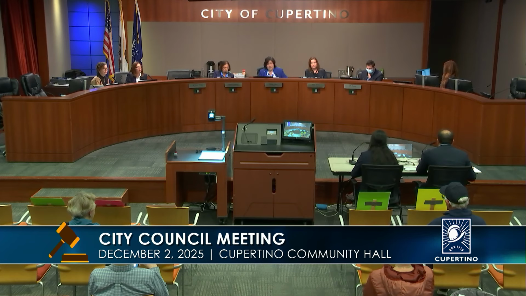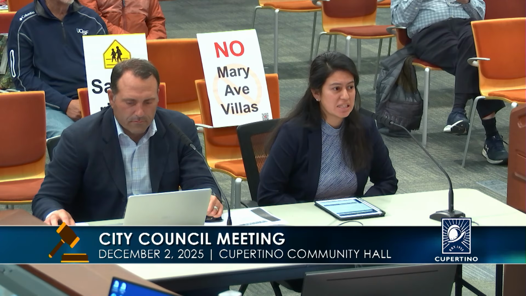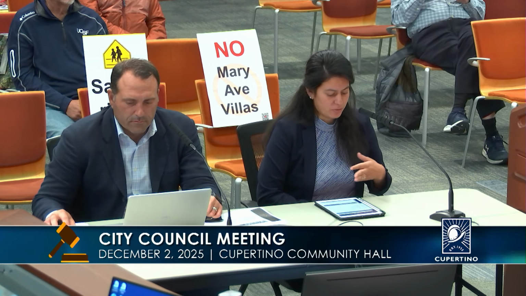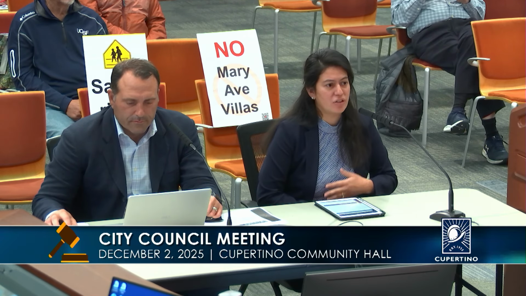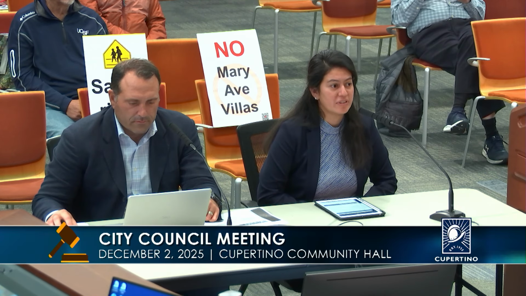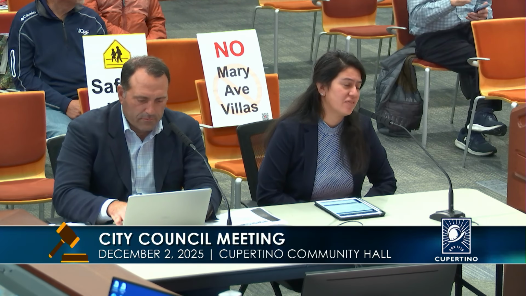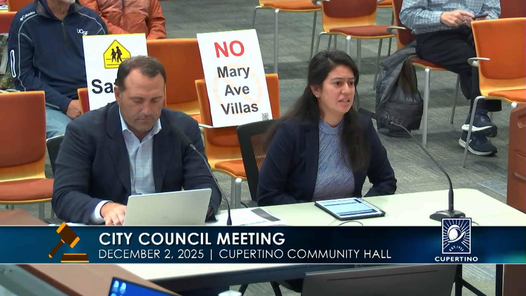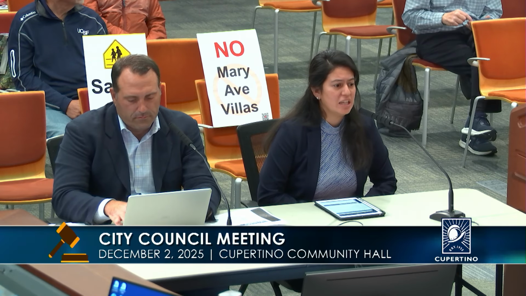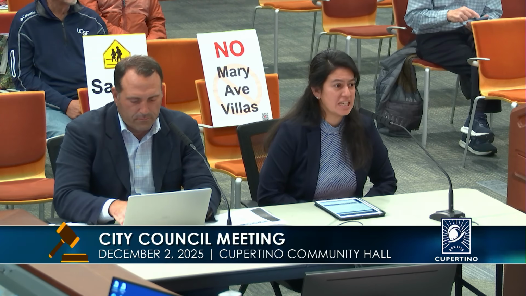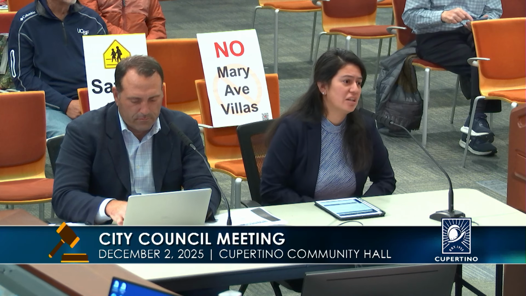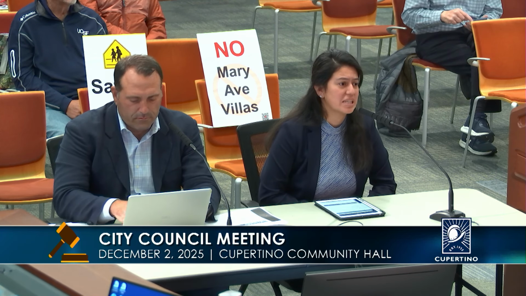So just to clarify a little bit about the timeline, the tax credit application is currently expected to be submitted around April 7th, 2026. But as noted throughout the presentation and through discussions tonight, there are a couple of different elements that need to be completed in time, including a signing of the DDA and approval of the vacation process to the extent necessary, and declaration of this land as exempt surplus land.